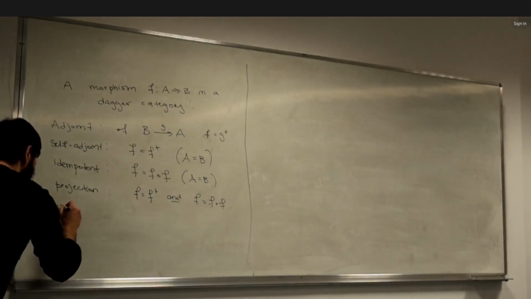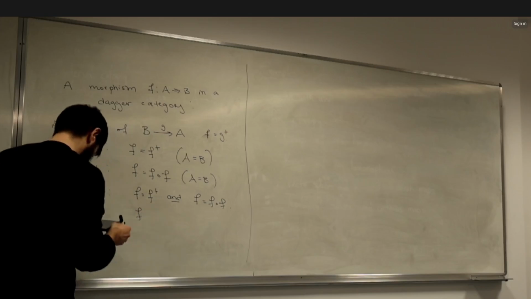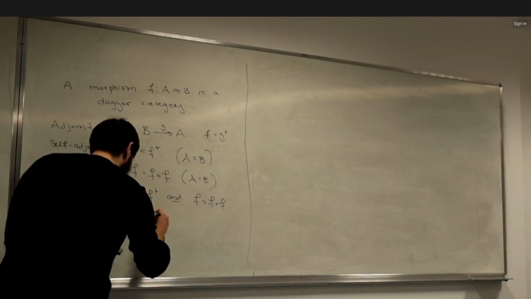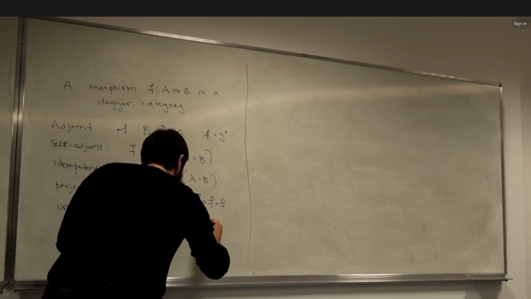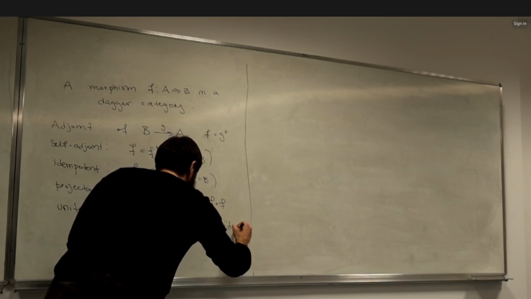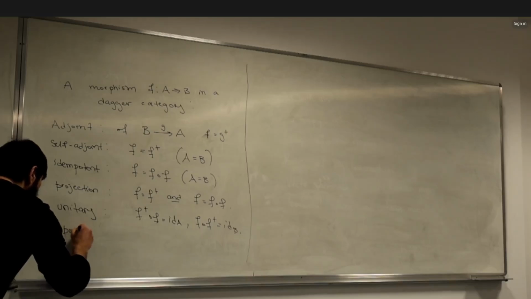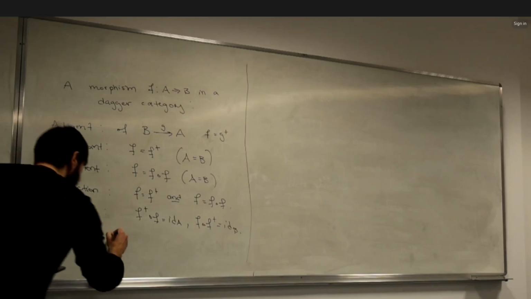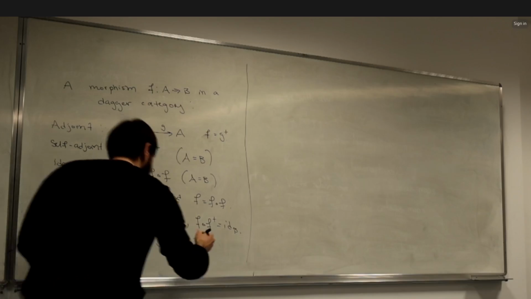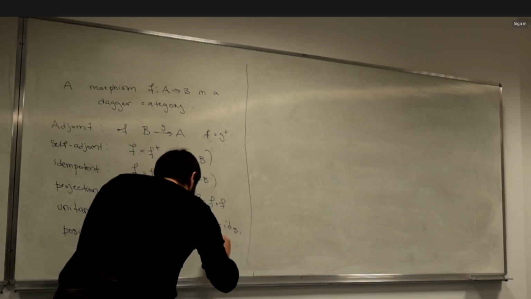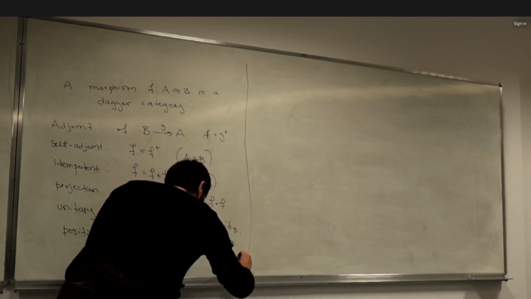We also have the notion of a unitary, which is F dagger F equals identity on A, and F F dagger equals identity on B. And it's positive if F equals G dagger G for some G from A to B, and A equals B.